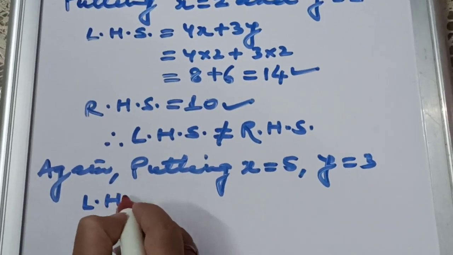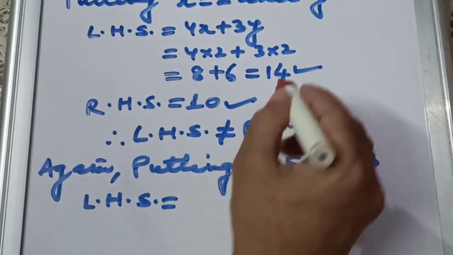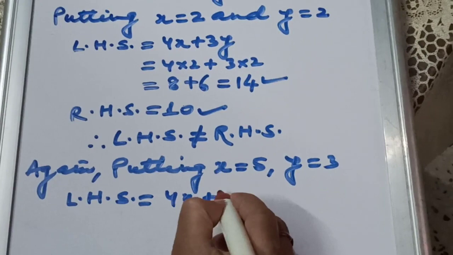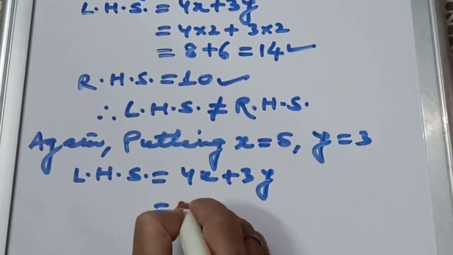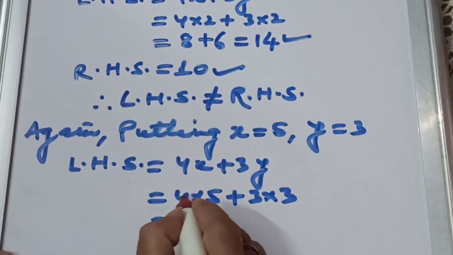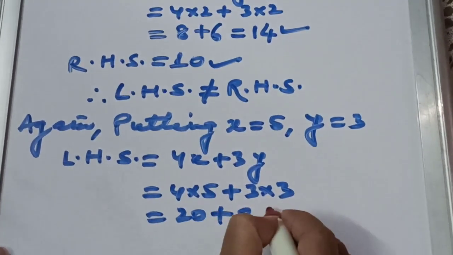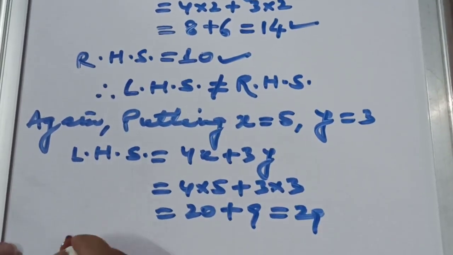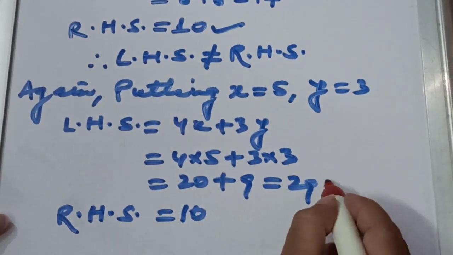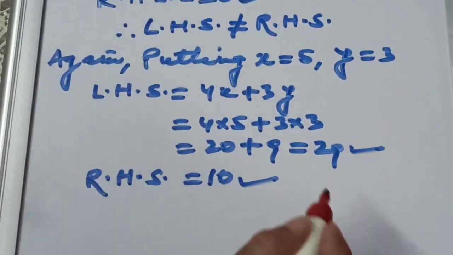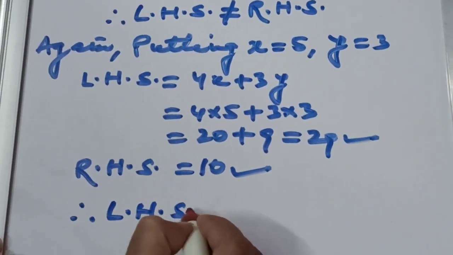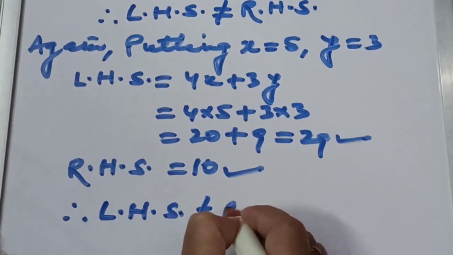See again LHS, in this equation, 4x plus 3y, 4 into 5 plus 3 into 3. 5 4s are 20, 3 3s are 9. We get 29. But RHS is 10. This is also not equal to each other. Therefore, we can write LHS is not equal to RHS.